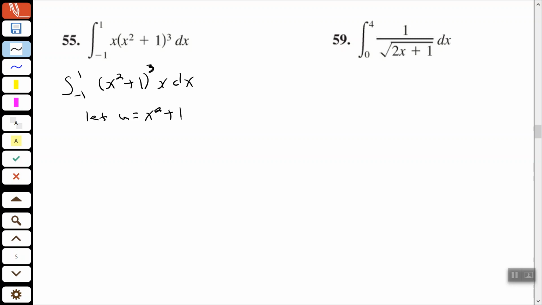So u equals x squared plus 1, and then du equals 2x dx. I need it to equal 1x dx, so I'm going to divide both sides by 2, or multiply by 1/2. So 1/2 of du equals 1x dx.